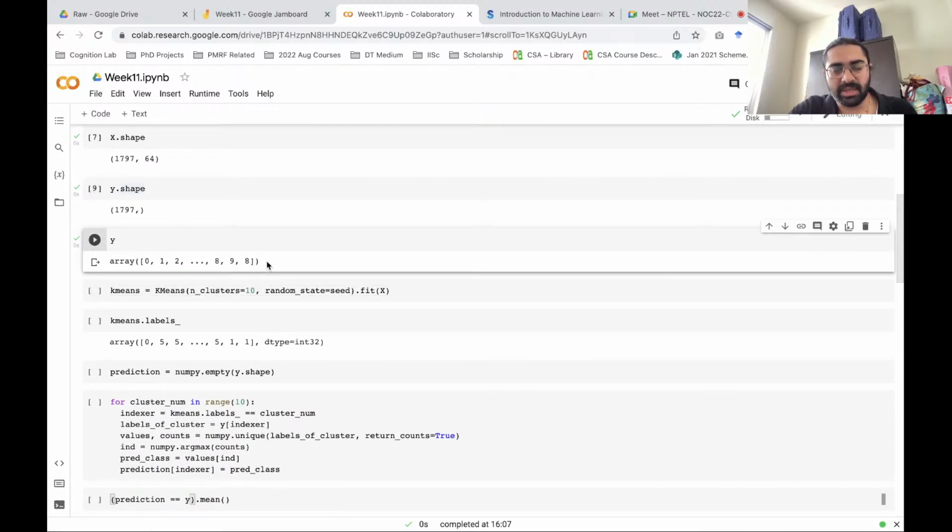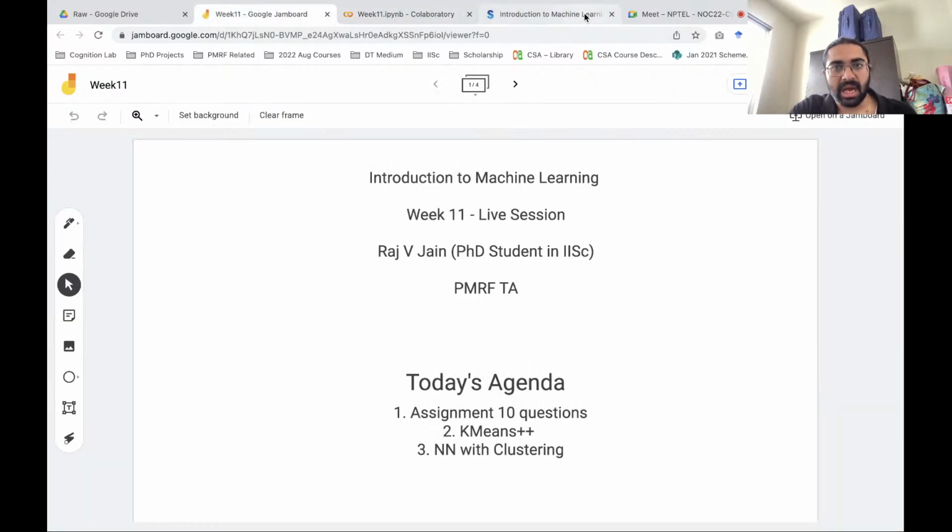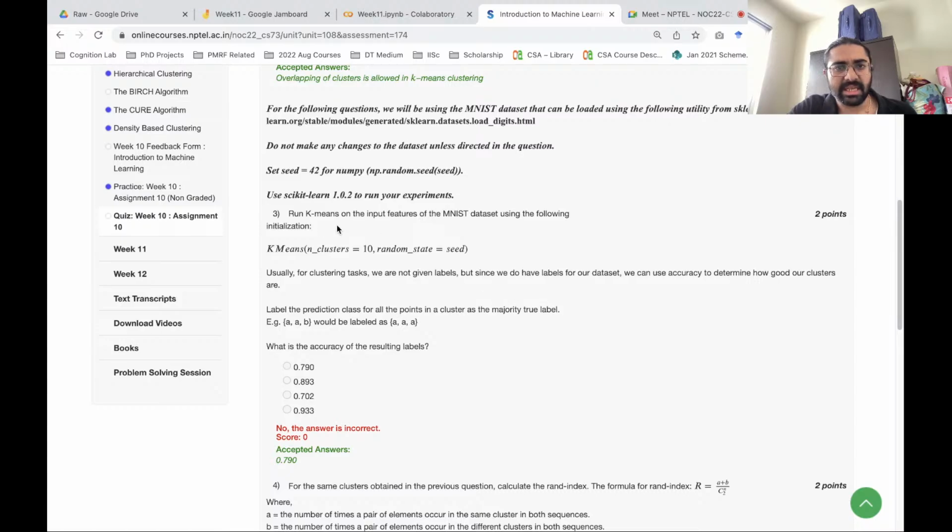So basically you have 10 classes, and 0 to 9 are your class labels. What has been asked is to run k-means using 10 as your number of clusters, and see what prediction you get.